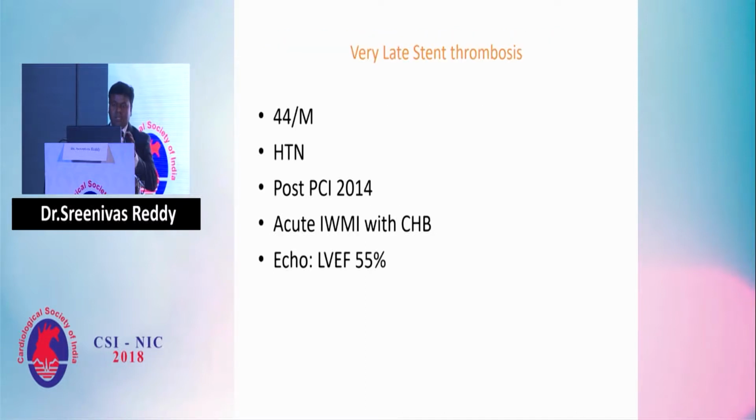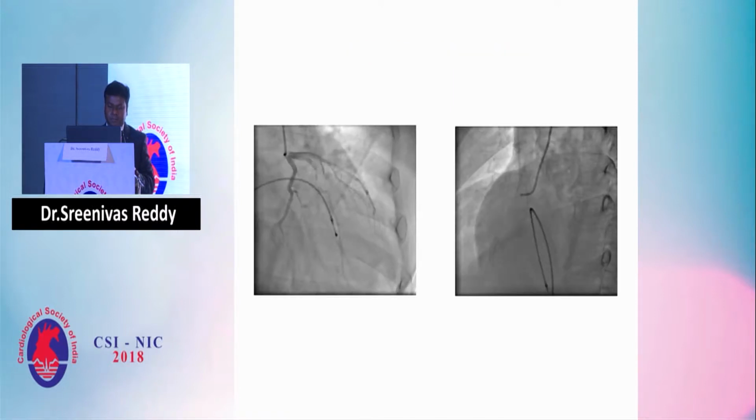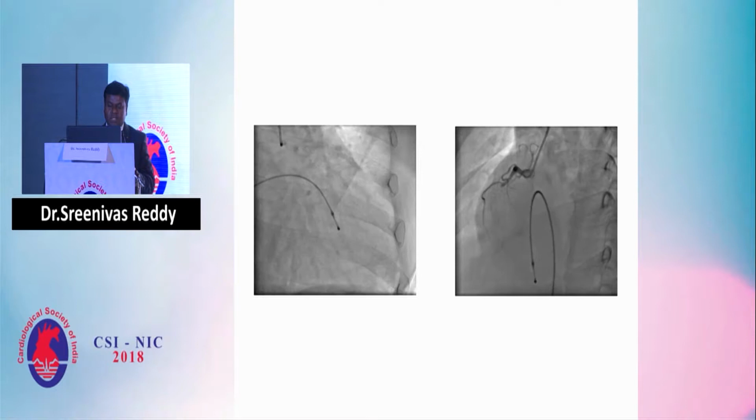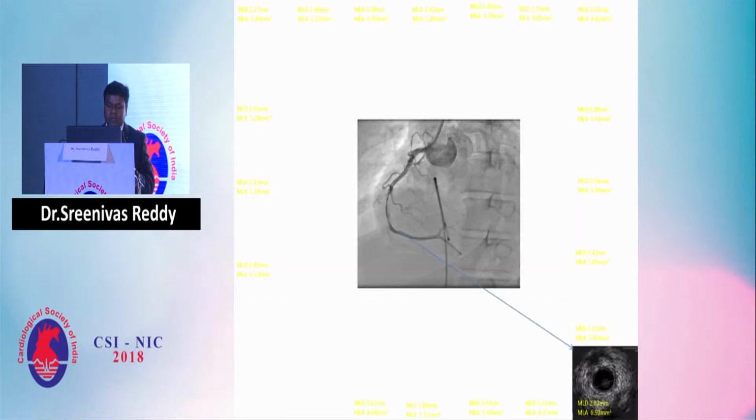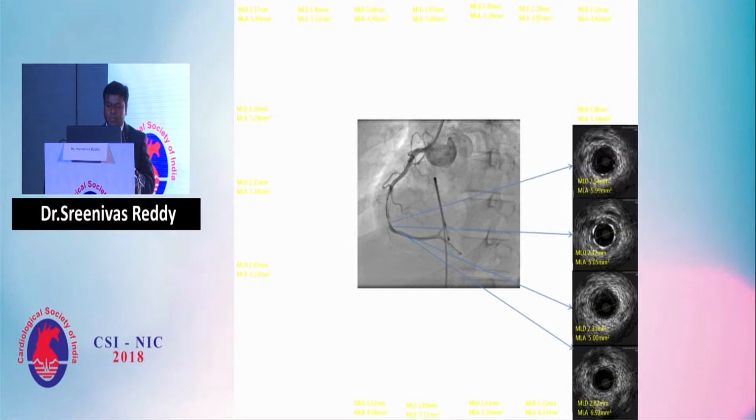So now is a case of very late stent thrombosis, a young male, post-PCI in 2014. He has come with acute inferior MI with CHB. You can see the previous stent inside, and these are the IVUS findings after one thrombus aspiration.